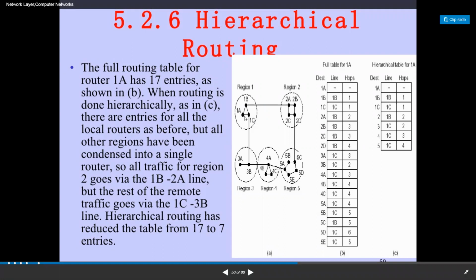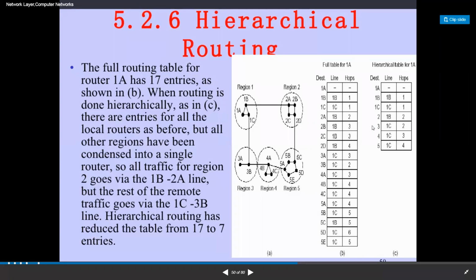For 1A, the right side one will be the hierarchical table. 1A to 1A, the line will be nothing, hops will be nothing. 1A to 1B, the line will be 1B and the hops will be 1. 1A to 1C, the line will be 1C and the hop will be 1.